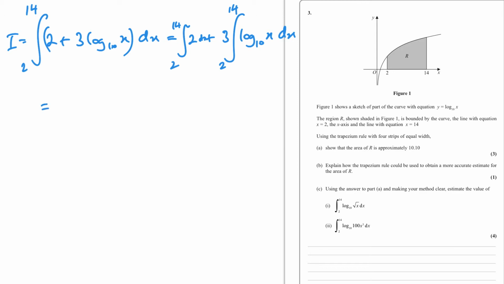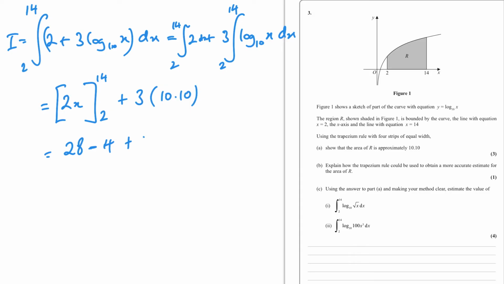This now means that I have 2x between 14 and 2 plus 3 lots of 10.10. So we've got 2 lots of 14 is 28 minus 2 lots of 2, which is 4, plus 30.30.